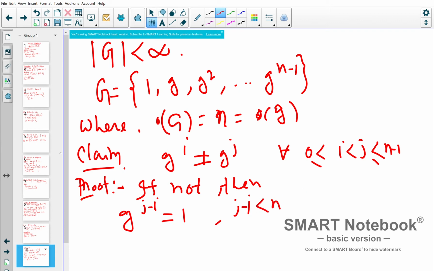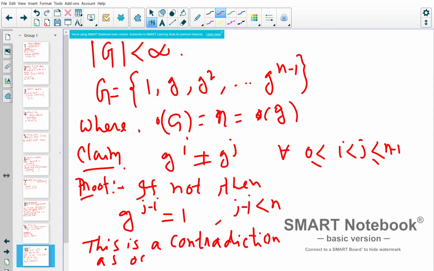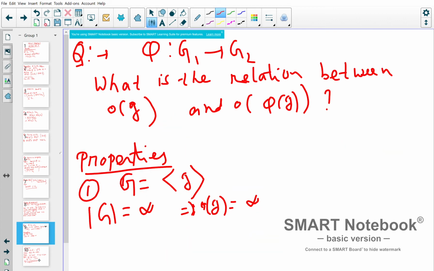And this is a contradiction to the fact that order of g equals n. Okay, so there cannot be any integer less than n for which g power that integer equals identity. So these are simple observations. You can easily find out. There are so many such properties.